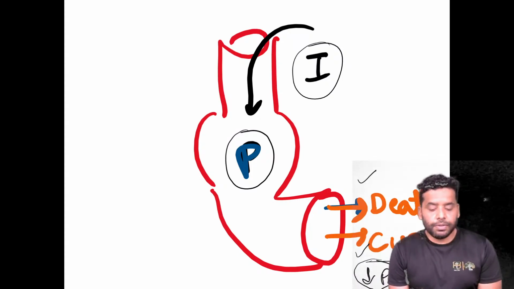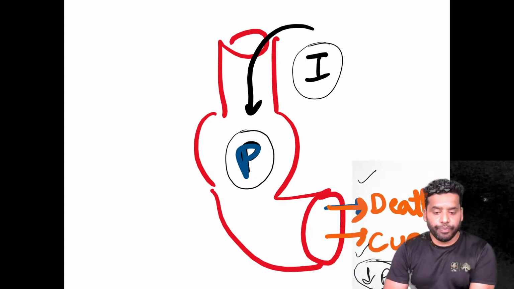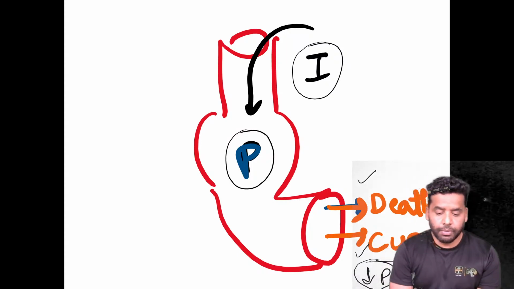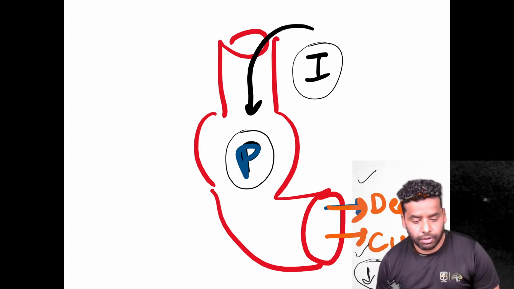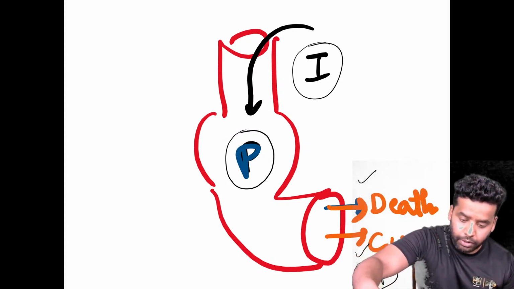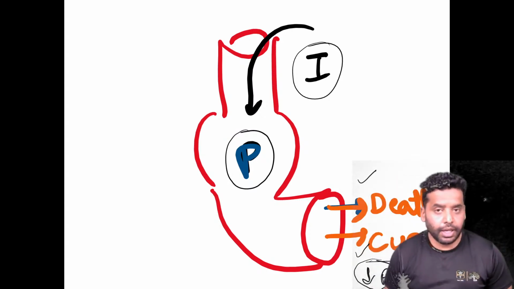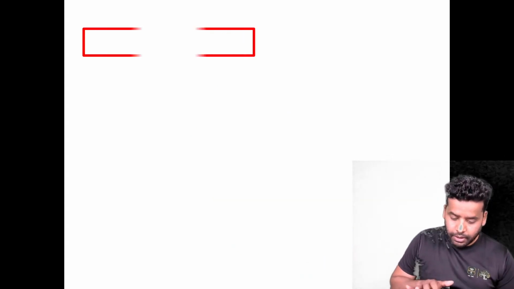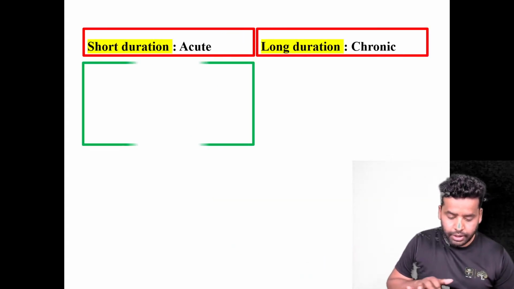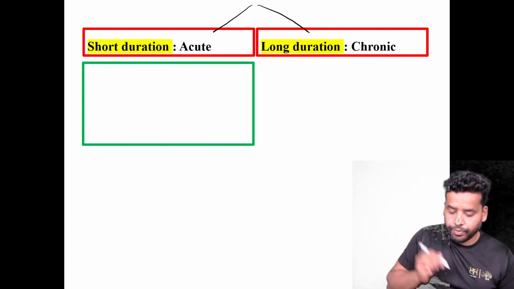Give some examples for chronic long-standing illness where the prevalence is very high. First copy the image. I'll make you write all the points. Hypertension, diabetes, like that. Write down short duration, long duration. Make a table. Convert the image into a table.